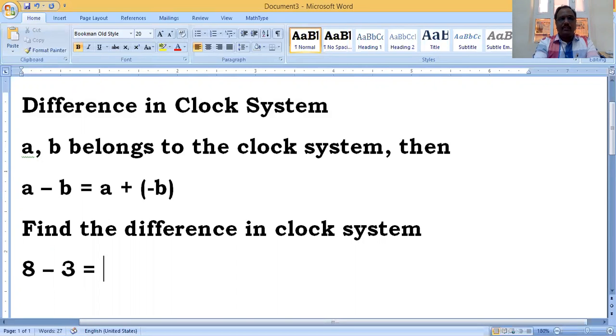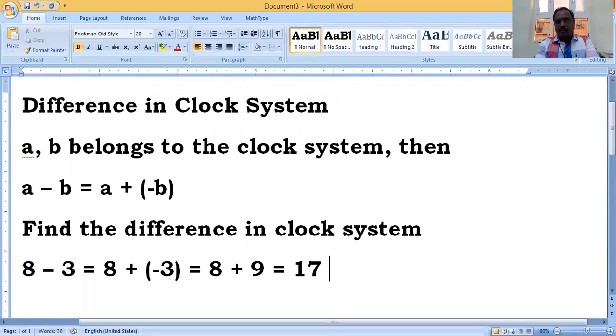I am going to write it with respect to our definition: this is 8 plus minus 3. I am going to find the additive inverse of 3. What is the additive inverse of 3? This is 9. So 8 plus 9 equals 17. The number is above 12, that means I am going to subtract 12. So 17 minus 12, the answer is 5. So when I find 8 minus 3 in the clock system, the time will be 5.